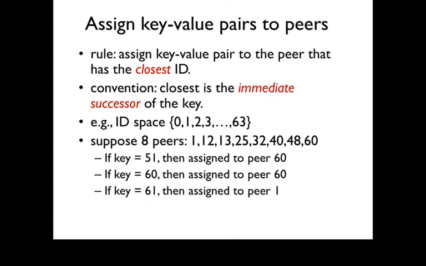You can't control how many you have. Now, let's say you have some file name that maps to 51, right? Now, that file name's information will be assigned to the peer 60 in this case, because 51's closest successor is 60, right? And if you have a file whose ID happens to be 60, then you will assign it to 60 because it exists. If it's 61, you will assign it to 1. It's circular. You can think of that range as circular.